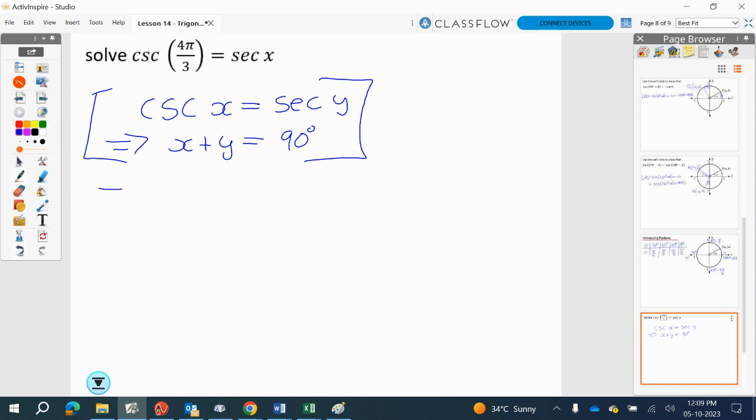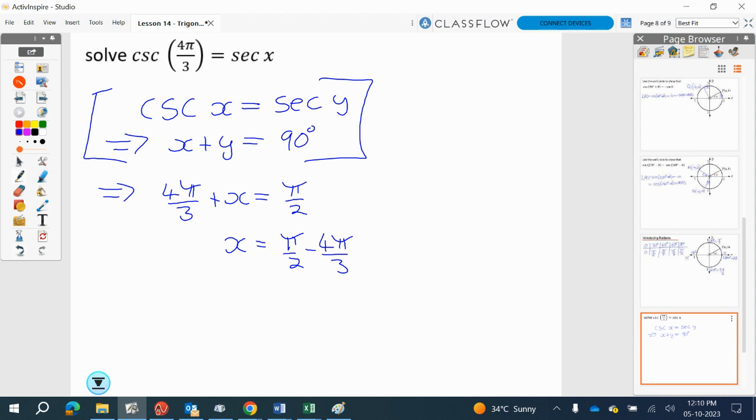So this equation implies that 4 pi over 3 plus x is equal to, what is 90 degrees in terms of radians? Pi over 2. So x is equal to pi over 2 minus 4 pi over 3.